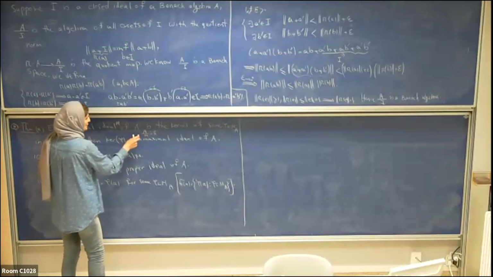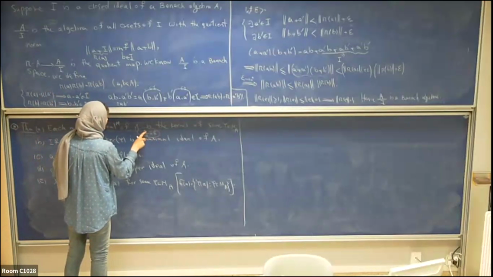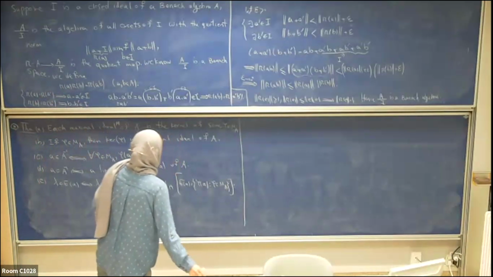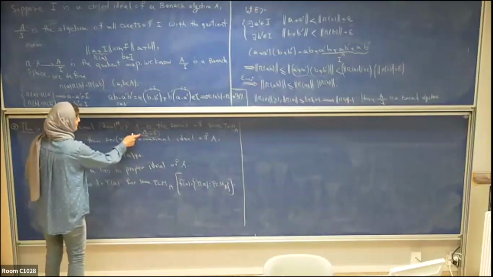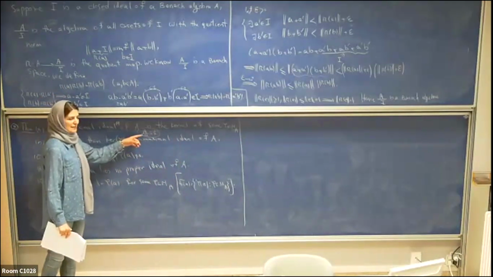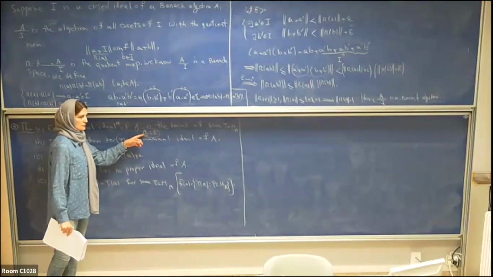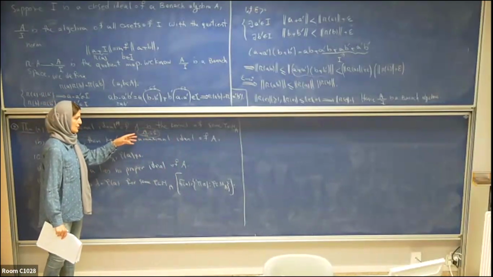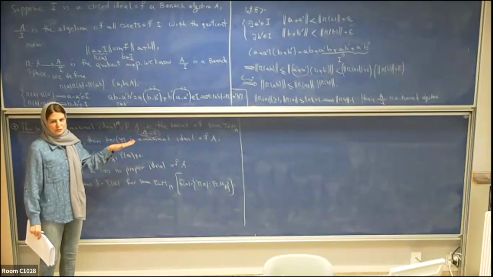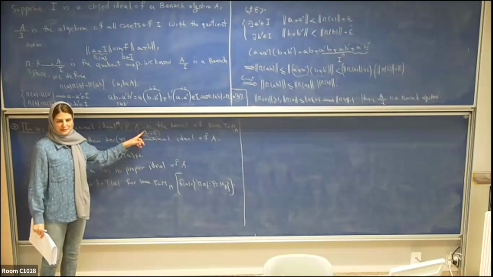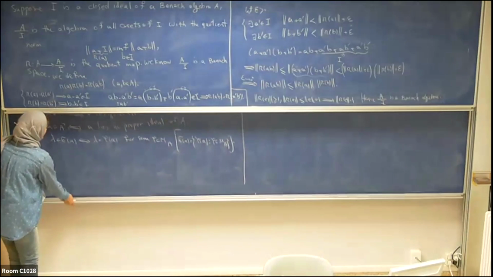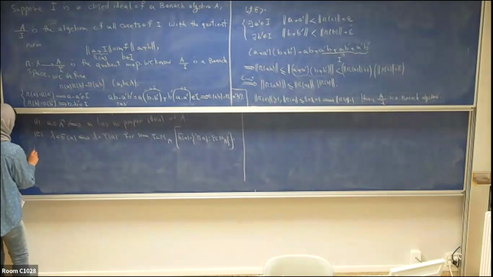When we have a maximal ideal, the quotient algebra A over M is just C. I proved it: M is a maximal ideal, and so it's closed, and this quotient algebra is well defined. To show that it's just C, I use the Gelfand-Mazur theorem, and I show that each non-zero element here is invertible. And finally, it's isometrically isomorphic to C.